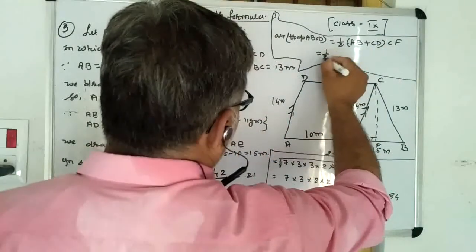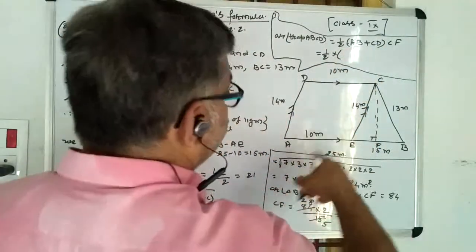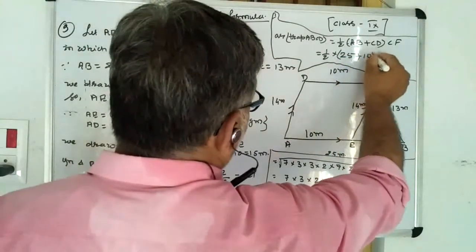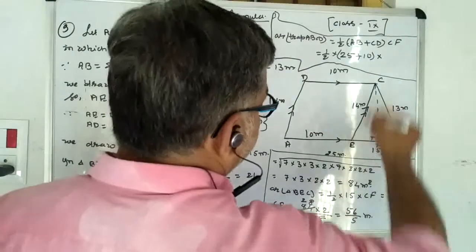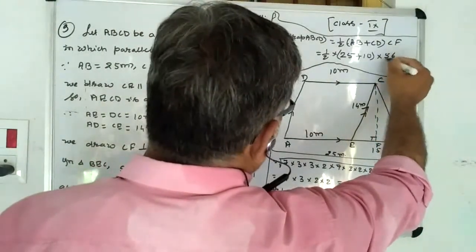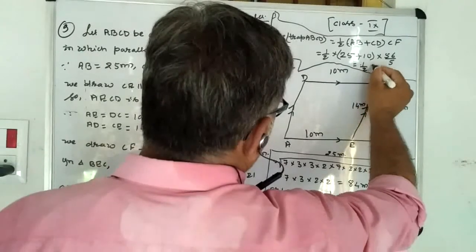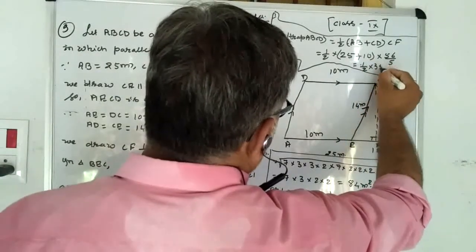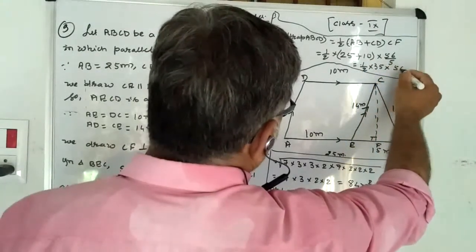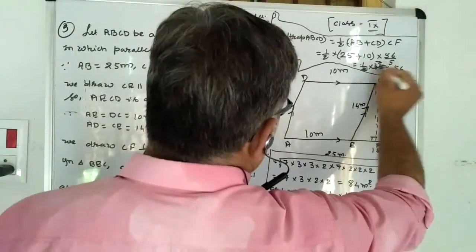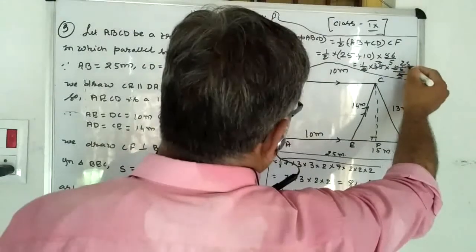So this will be half into AB is 25 plus 10 into CF is 56 by 5. So on solving it, we have 1 by 2 into 35 into 56 by 5. 5 7s are 35 and 2 28s are 56.